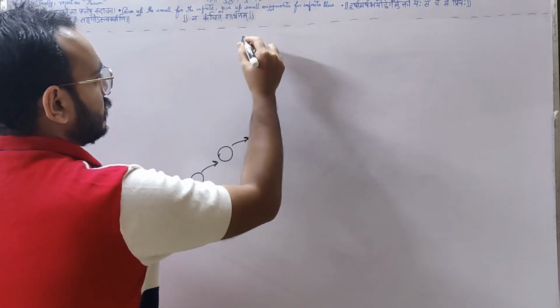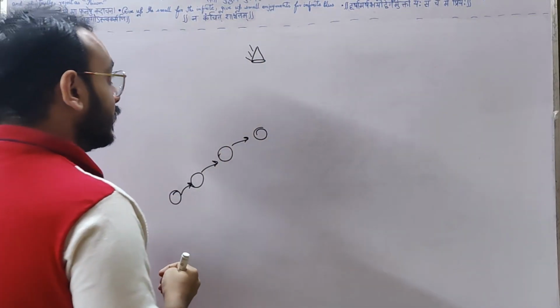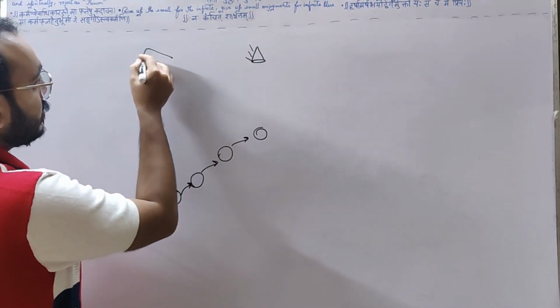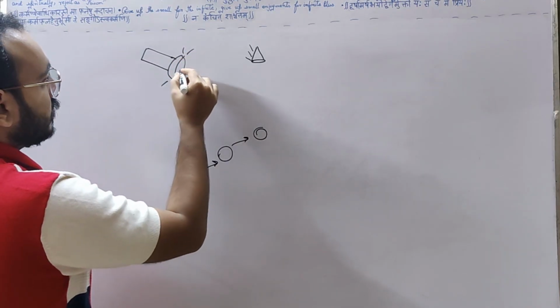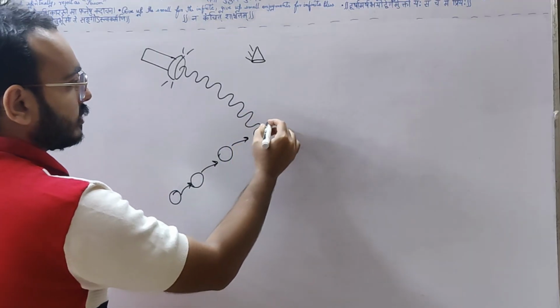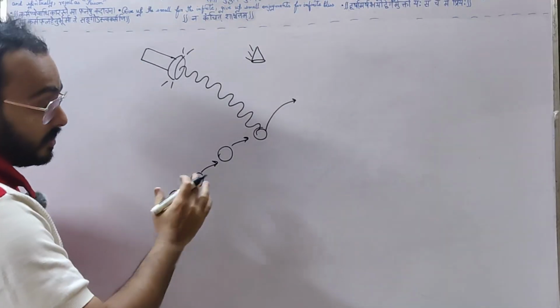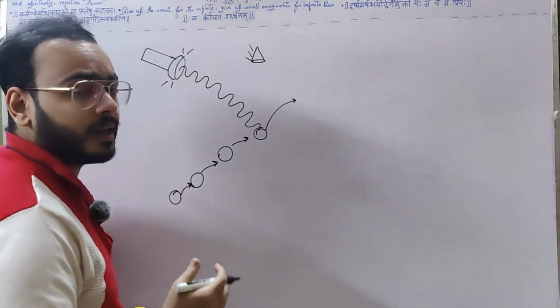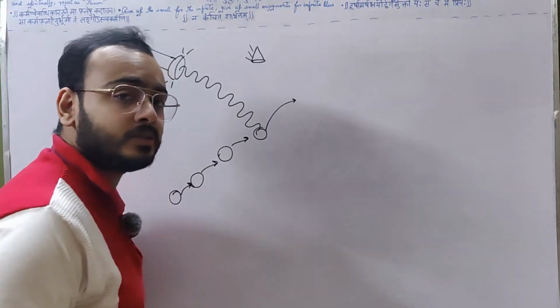I'm trying to measure it by looking at it. If I have to look at it, then I have to shower a light on it. While showering, a photon is coming out of this source and knocking out this electron to a different position. So if I have measured the velocity of this electron accurately, I won't be able to measure its position at all.